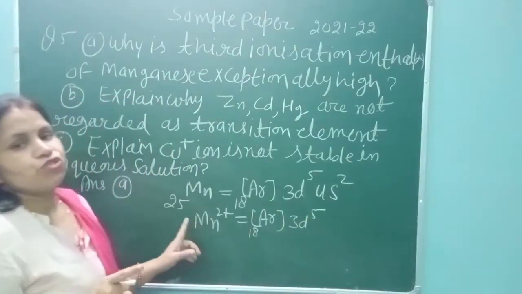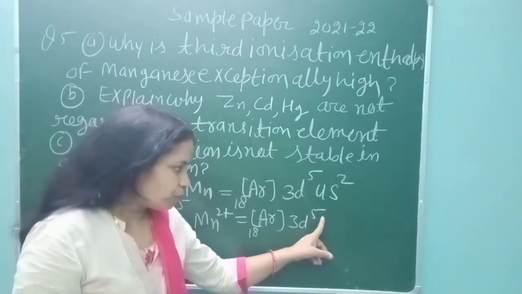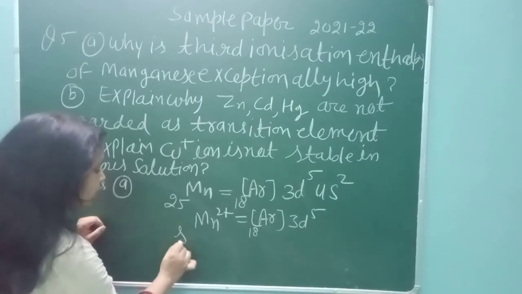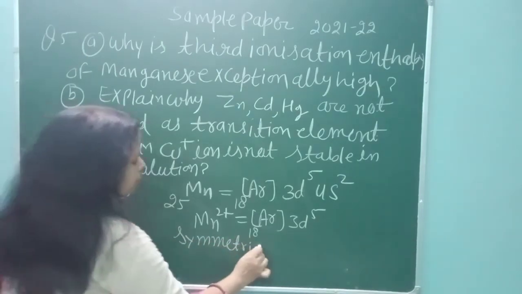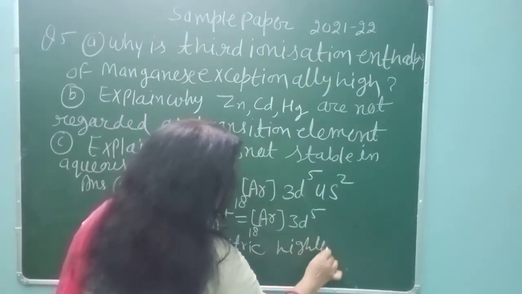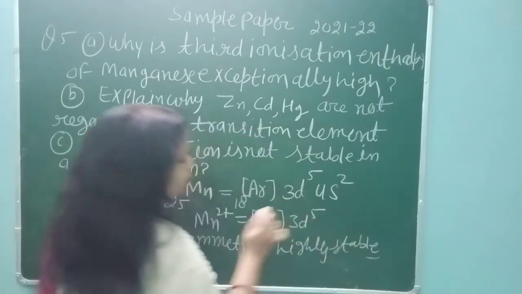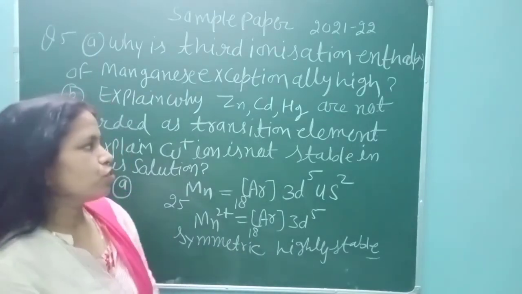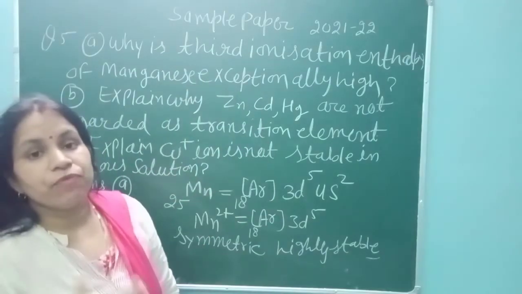For the third ionization enthalpy, we have to remove the last valence electron from the d5 orbital, and the d5 orbital is symmetric and highly stable. Half-filled orbital is highly stable. Half-filled and full-filled orbitals are highly stable. So its removal is very difficult. So the third ionization enthalpy is exceptionally high.